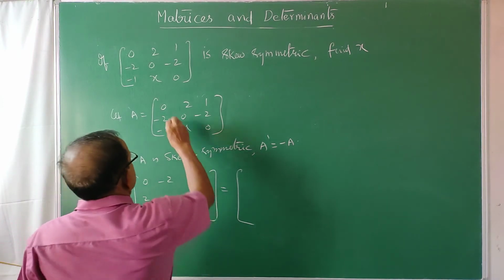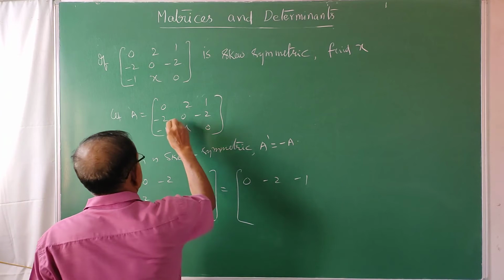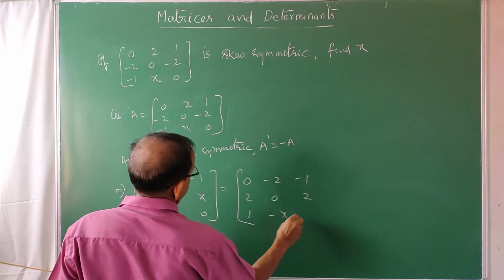That is 0, minus 2, minus 1, plus 2, 0, plus 2, 1, minus x, 0.